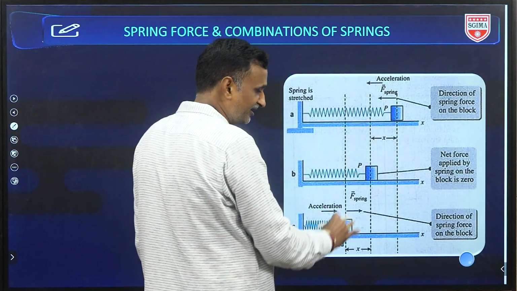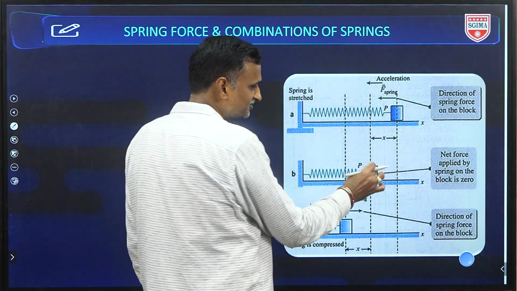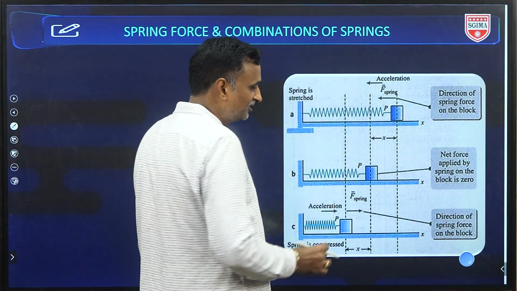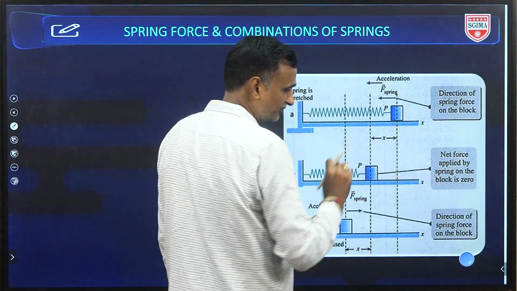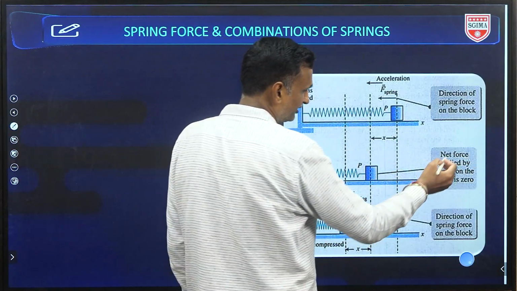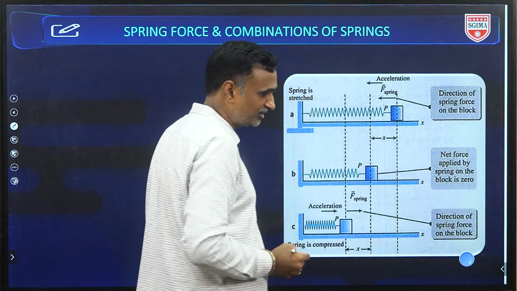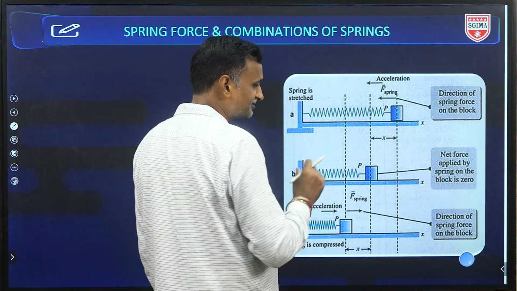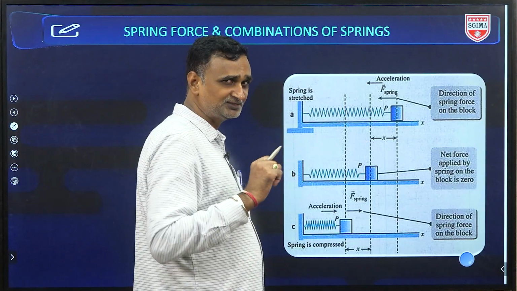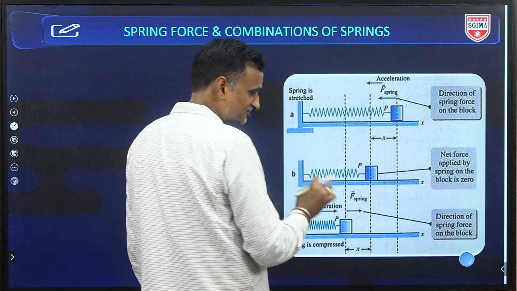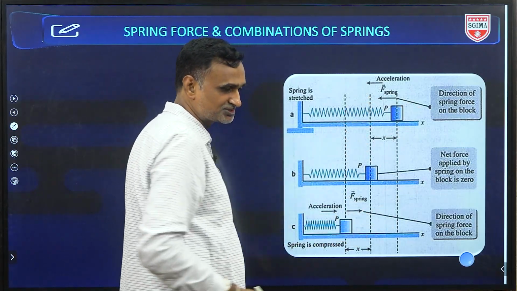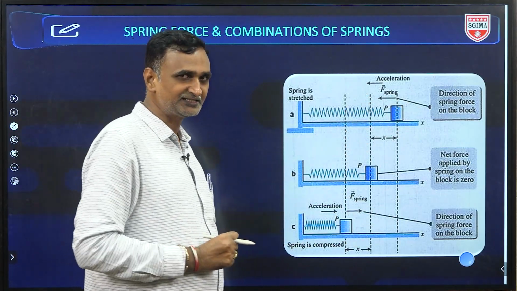So in these three cases, in the first case, whenever the natural length is there, no force is acted by the spring on the block. The net force applied by the spring on the block is 0, because the length is not disturbed. Natural length will be in the same length. Now when the length is increased or compressed, meaning stretched or compressed, spring deformation takes place.